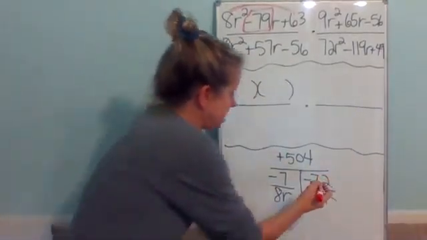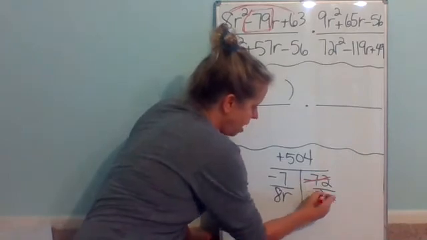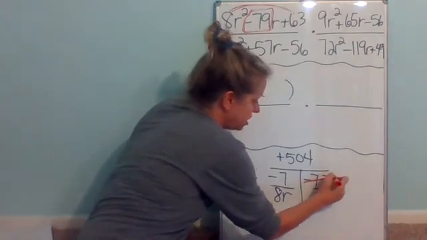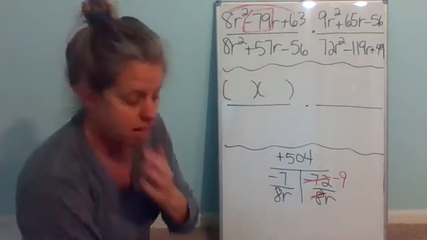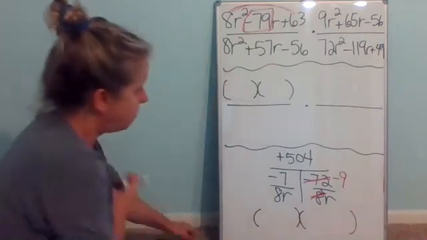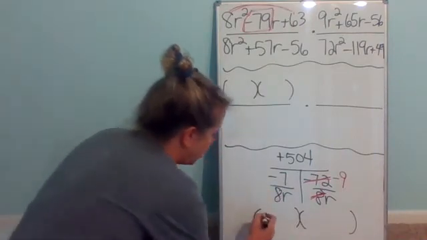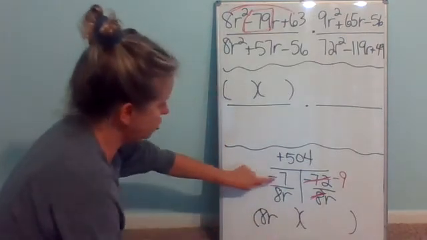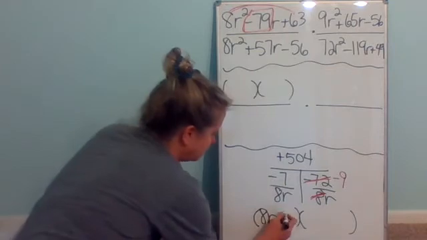So look what happens here. This negative 72 over 8 turns into negative 9. So that's where your answer is going to come from. Bottom, then top. So what's in the bottom of this first fraction? 8R. Then your top. Include the sign. -7.